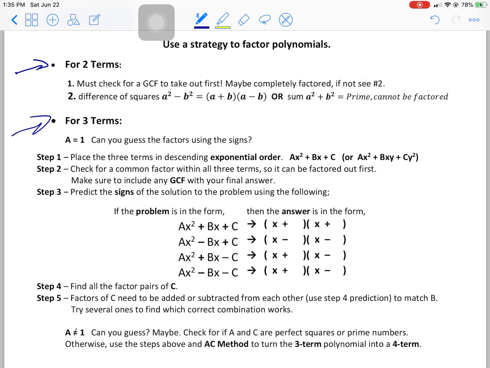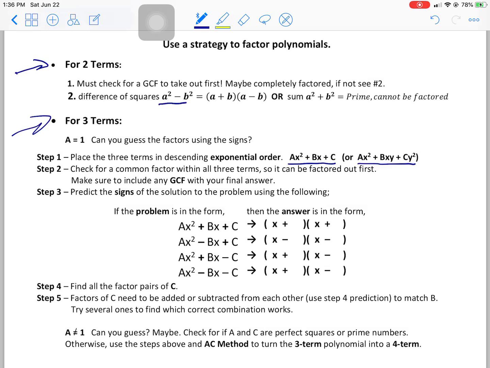When you're factoring a polynomial, that means something that looks like this if it has 2 terms, this if it has 3 terms and 1 variable, this if it has 3 terms and 2 variables, okay? So this one up here could have a number and 1 variable.